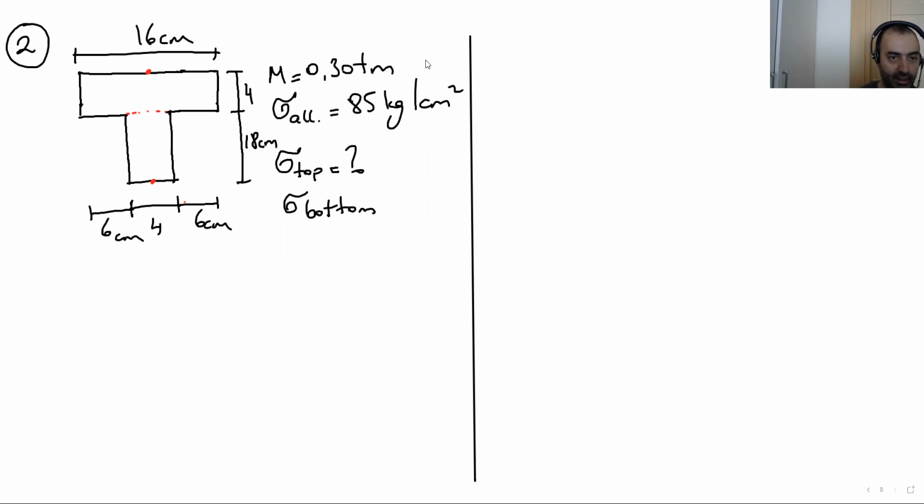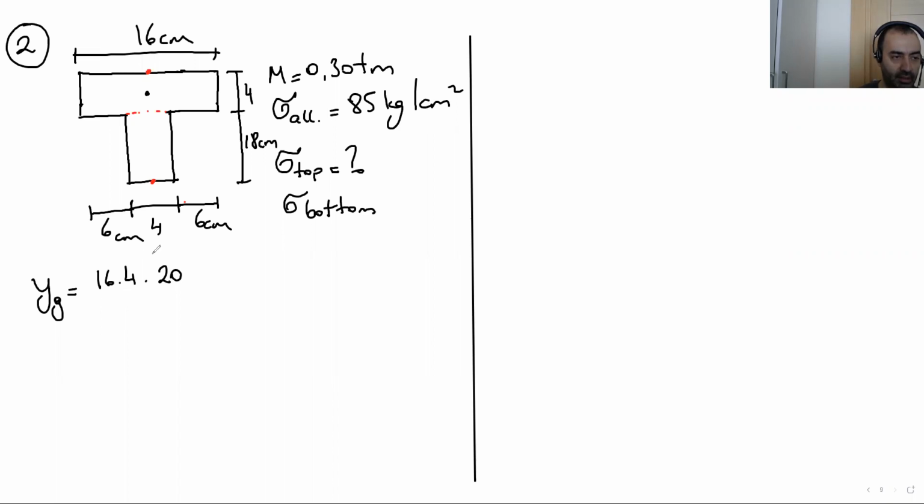So let's write the equation for YG. The area of the first rectangle is 16 times 4 times the center point distance to the bottom edge. Center point distance is 2 plus 18, totally 20. This is a kind of recap for you.